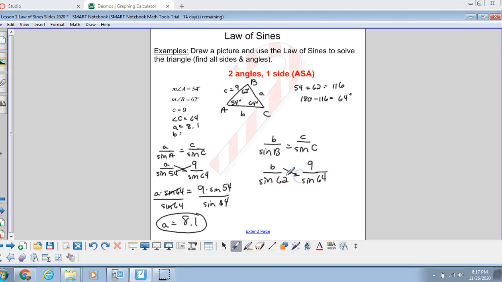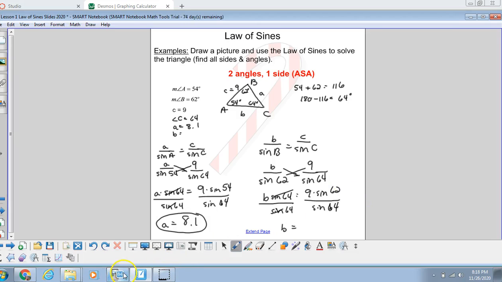We're going to cross multiply. We will get b times the sine of 64 equals 9 times the sine of 62. We'll divide by the sine of 64. And we have b is equal to 9 times the sine of 62 divided by the sine of 64.